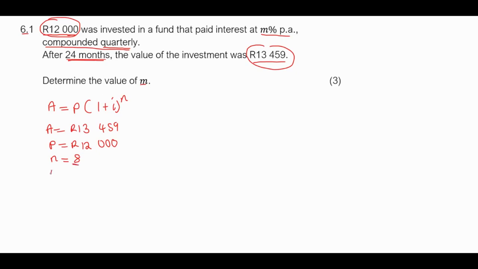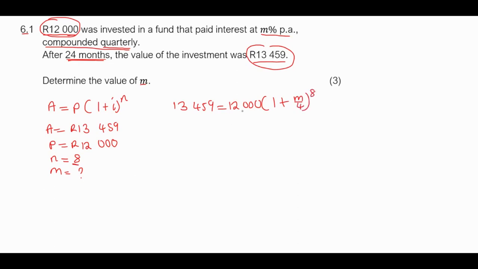We are looking for M. Let's substitute into the formula. 13,459 is equal to 12,000, then 1 plus M over 4, and then to the power 8.